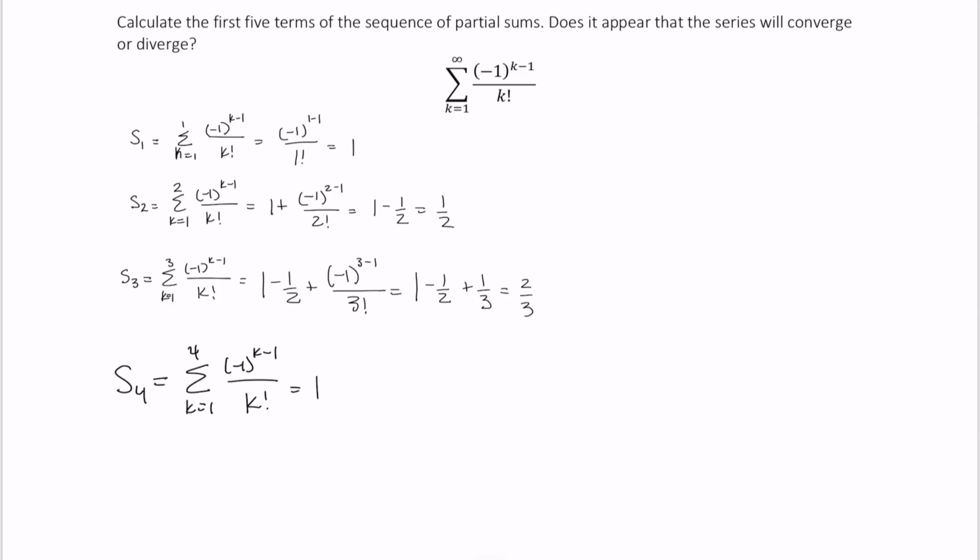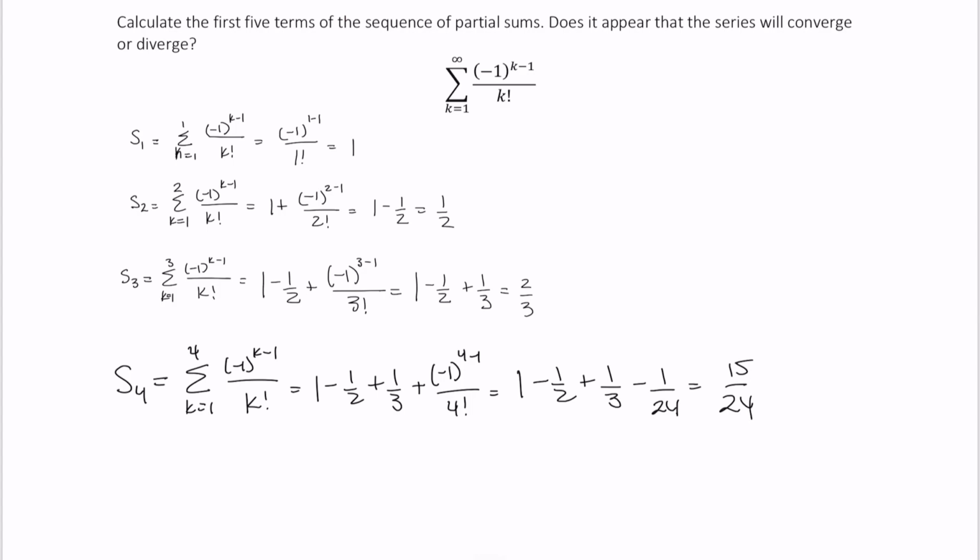And I know the third partial sum is 1 minus 1 half plus 1/3. Then to that, I'm going to add negative 1 to the 4 minus 1 power over 4 factorial. So this is 1 minus 1 half plus 1/3 minus 1 over 24. And that equals 15 over 24.